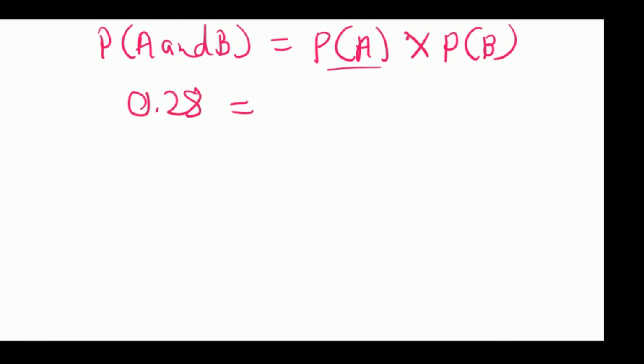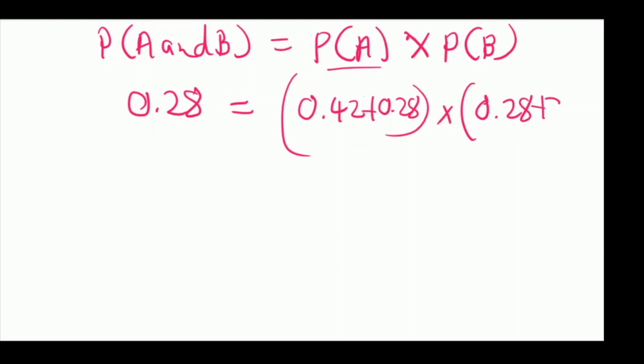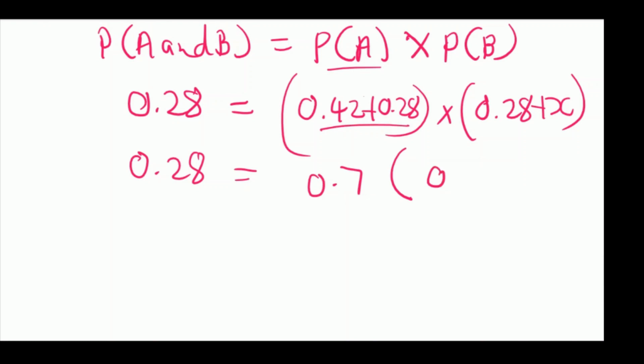Probability of A, we just wrote, is 0.42 plus 0.28, and then times probability of B, which is 0.28 plus x. So we want to find the value of x. Remember that when you add this, it's going to be 0.7 multiplied by 0.28 plus x, so you're just going to multiply out this value here.